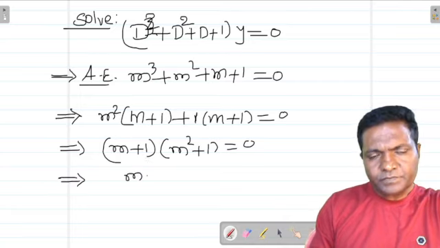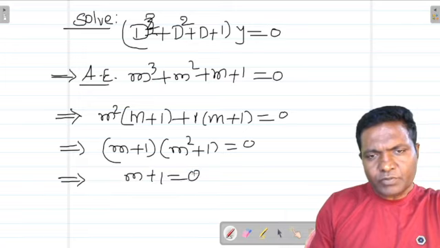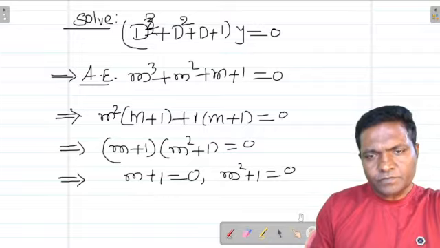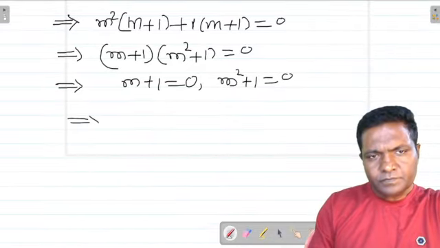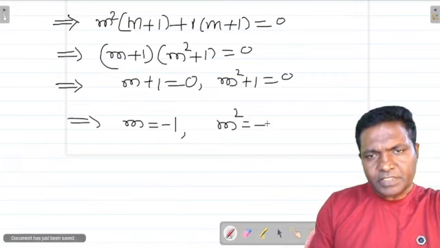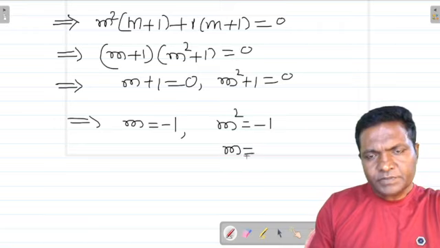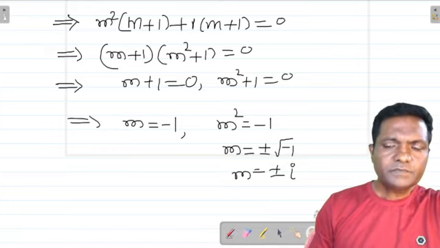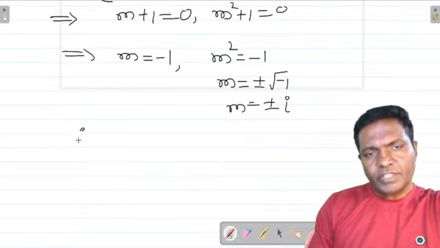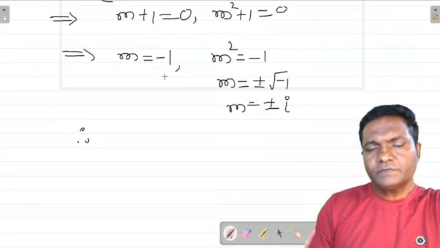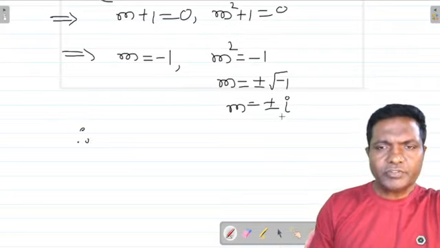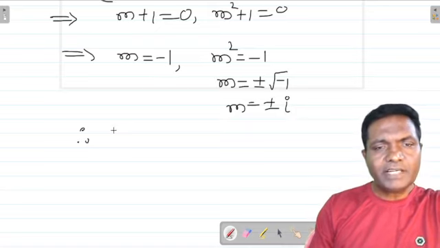This gives you m plus 1 equal to 0 and m square plus 1 equal to 0, so m equal to minus 1, and m square equal to minus 1. So m is plus or minus under root minus 1, that is plus or minus i. Therefore the roots are two complex conjugates, plus or minus i, and one is minus 1.